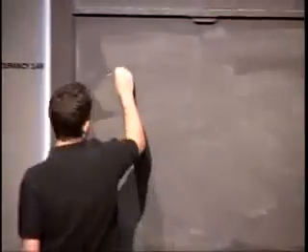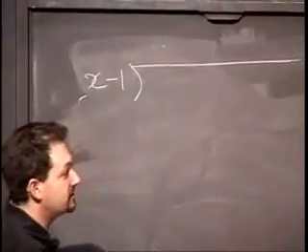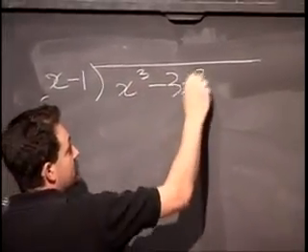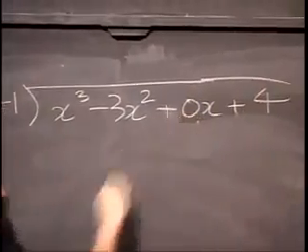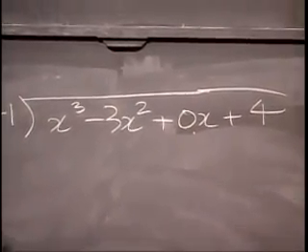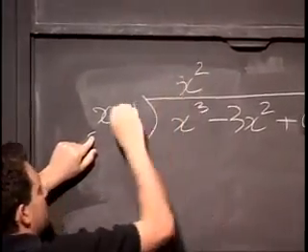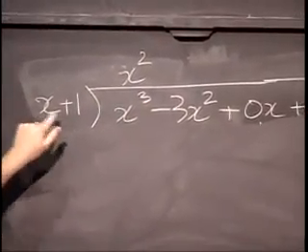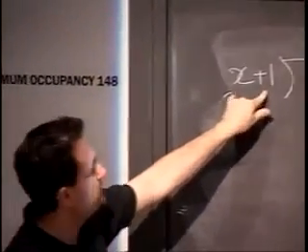So we know x plus 1 is a factor of x cubed minus 3x squared plus 0x plus 4. Notice when I divide, I fill in the 0x, and I've also pulled out a factor of 2 to make it a little bit simpler. Remember, x equals minus 1 is a solution, so x plus 1 will be a factor.